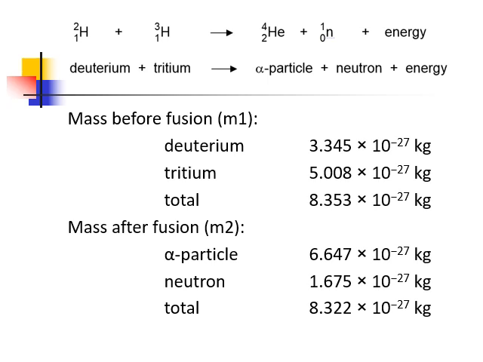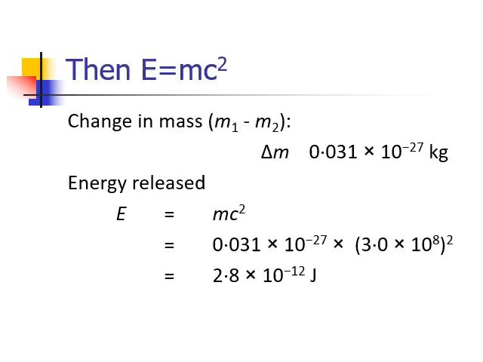We've got the alpha particle, or the helium nucleus, that's there. We've got the neutron, there's only one this time, and we add those up. So we get the mass before and the mass afterwards. We then take those away to get our change in mass, and then that change in mass is multiplied by the speed of light, 3 times 10 to the 8 squared, to give us the energy released in one reaction.